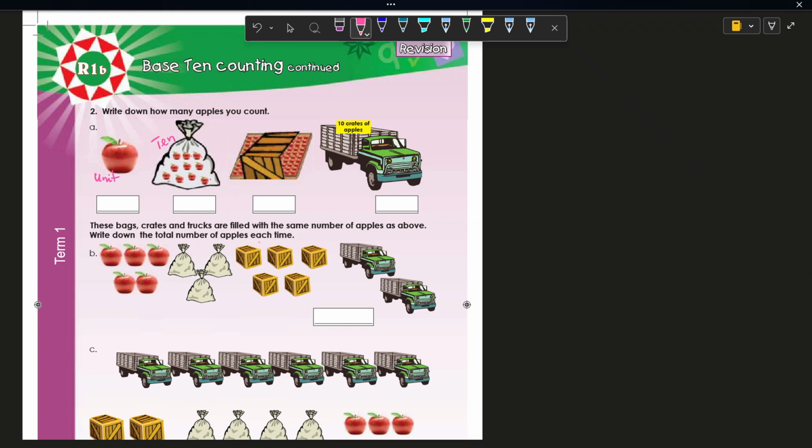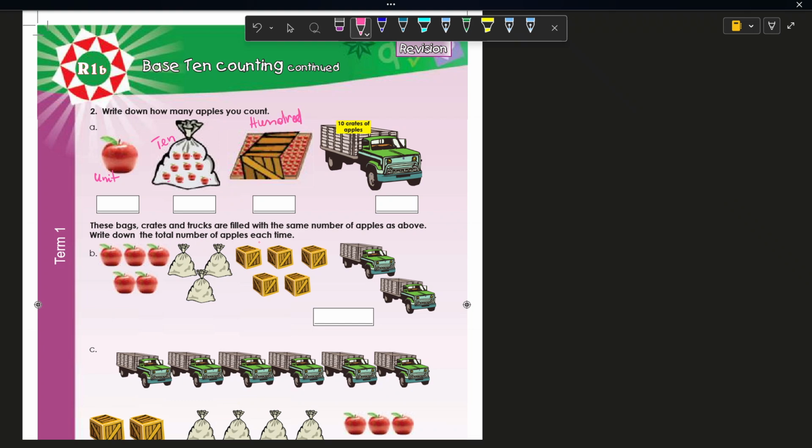Now, how many apples are there in that crate? Well, we see an array of 10 apples in 10 columns, basically. So it looks like it's 10 times 10 apples. Then it means we've got 100 apples here.